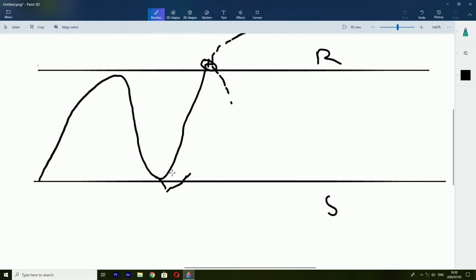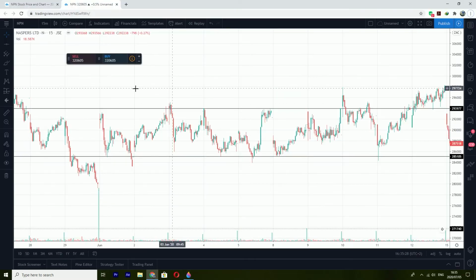Let's have a look at practical examples so that you guys can just quickly relate. Okay guys, so here we're looking at Naspers on a 15-minute chart, and we basically have our resistance and our support. So this resistance is based on these points here, where we can clearly see that everything is held basically within these two lines.